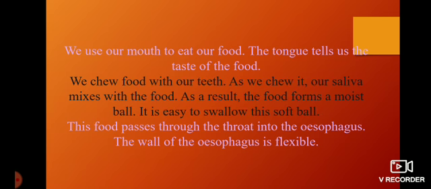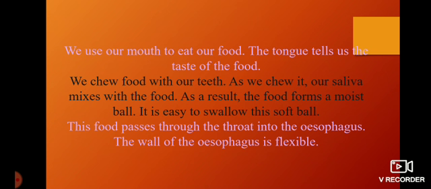We use our mouth to eat our food. The tongue tells us the taste of the food. We chew food with our teeth, and as we chew it, our saliva, the water present in the mouth, mixes with the food.